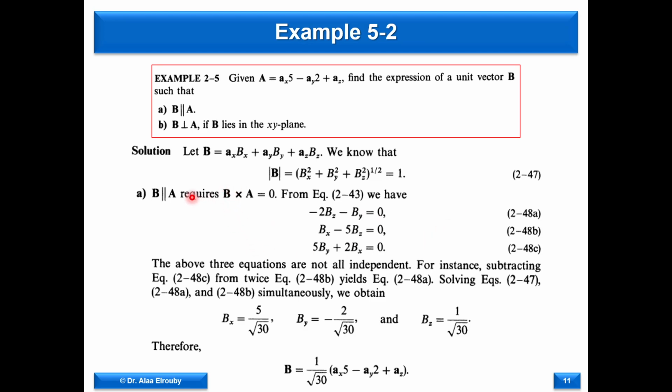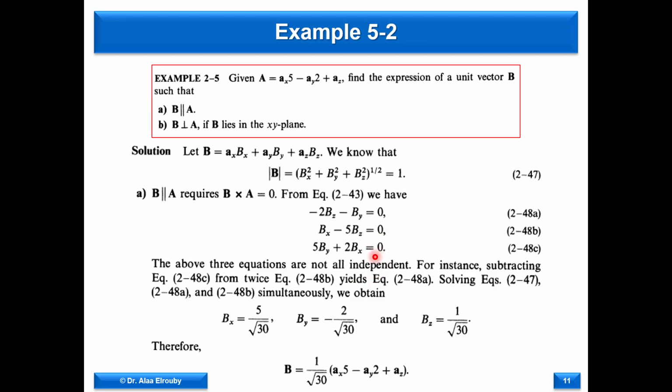Because first we need b to be parallel with a, the cross product of the two vectors would equal 0. So if we just apply the cross product, we'll have three equations, and we have a fourth equation because it's a unit vector. So solving those four equations together would give us the values for the three unknowns.